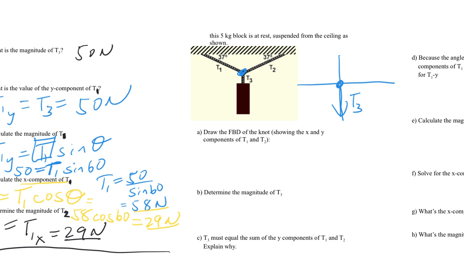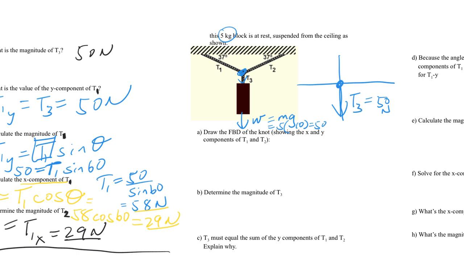And from what we talked about in the first problem, we know already that T3 equals the weight of the block. By definition, weight is mass times acceleration due to gravity. So that would be mass is 5 kilograms times acceleration due to gravity is 10. So T3 is the weight, which would be 50 newtons.